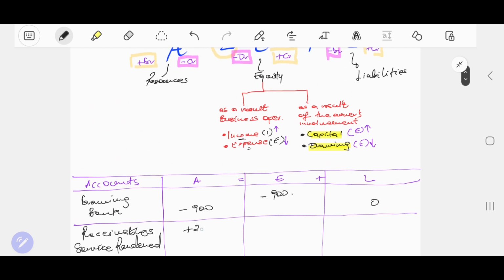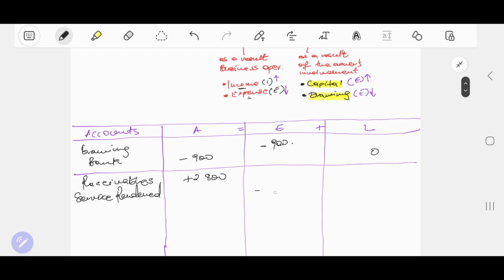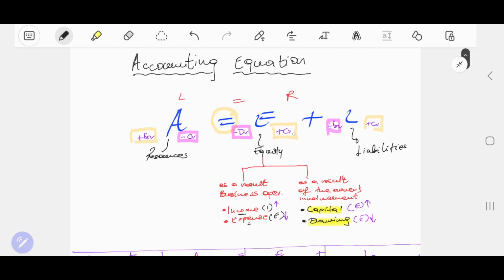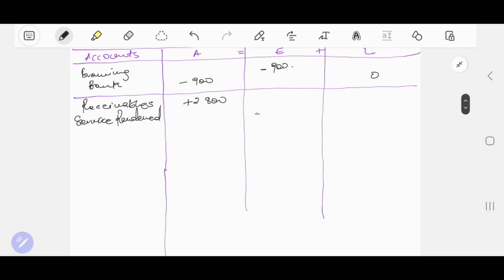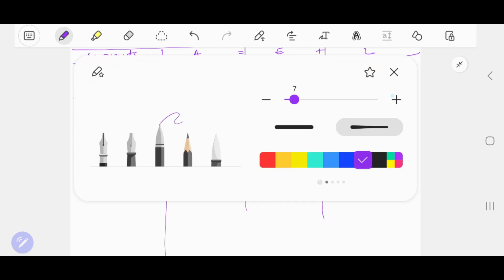And then my services rendered, remember, services rendered results in an increase in equity, and we said here that equity increases on the credit side. So it means that here is going to be plus 2,800 as well. Then the net effect is 0. Next transaction.